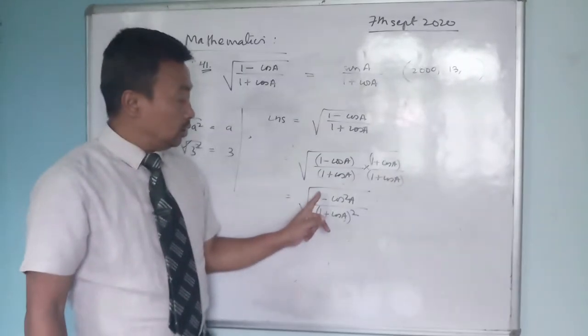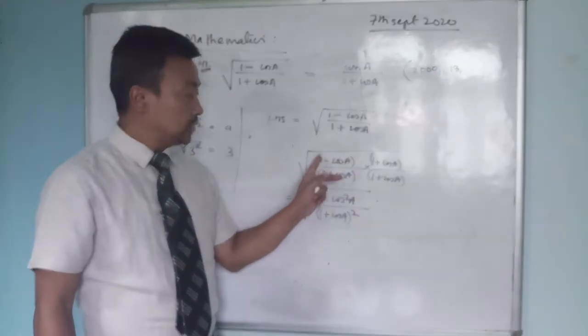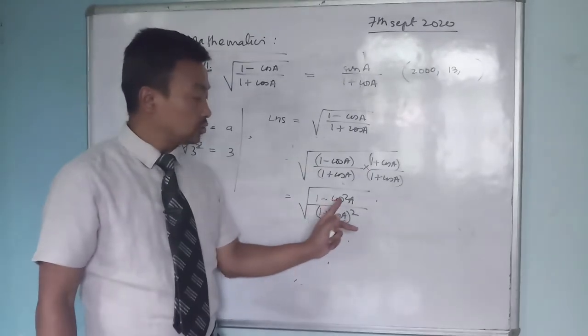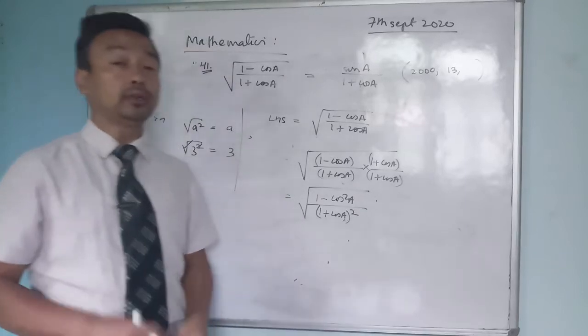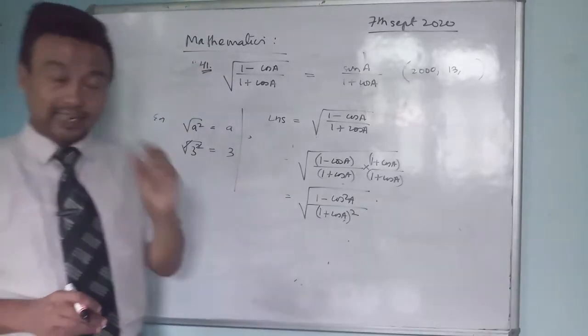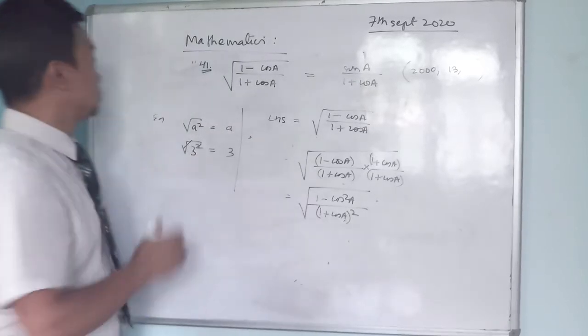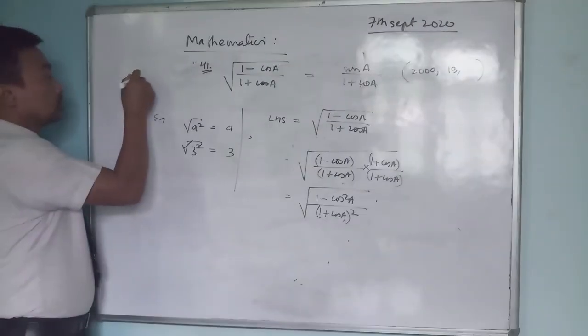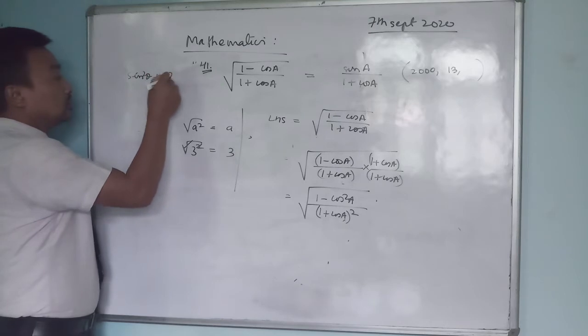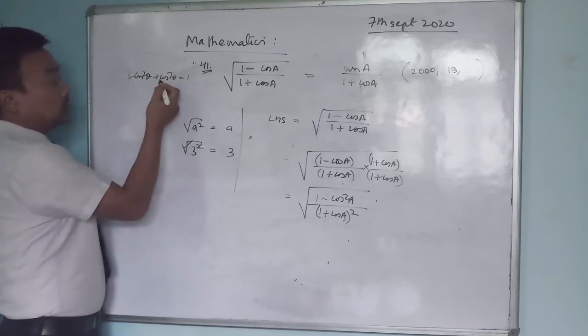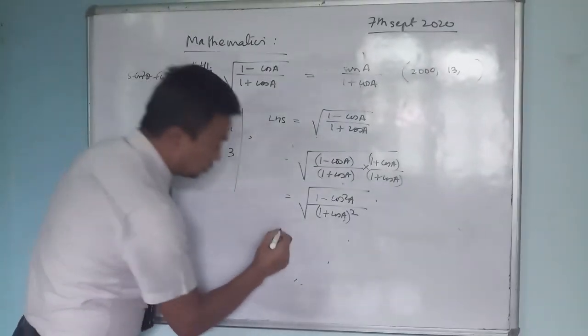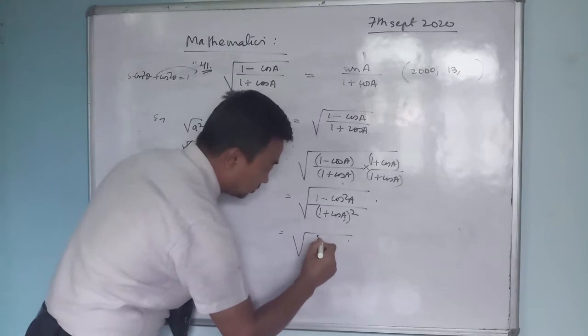Now 1 square is 1. 1 minus cos square A, if you go to the trigonometric relation, the identity is sine square theta plus cos square theta equals 1. So from here, 1 minus cos square theta gives sine square. So we can replace like this.